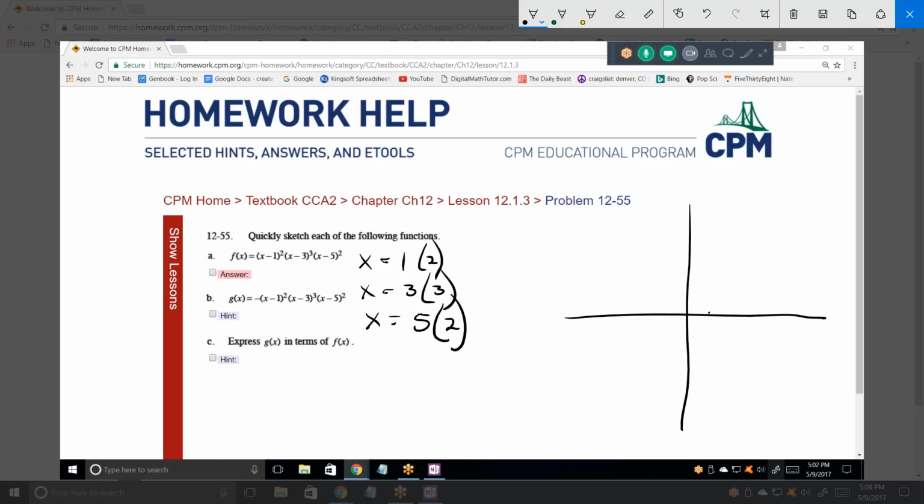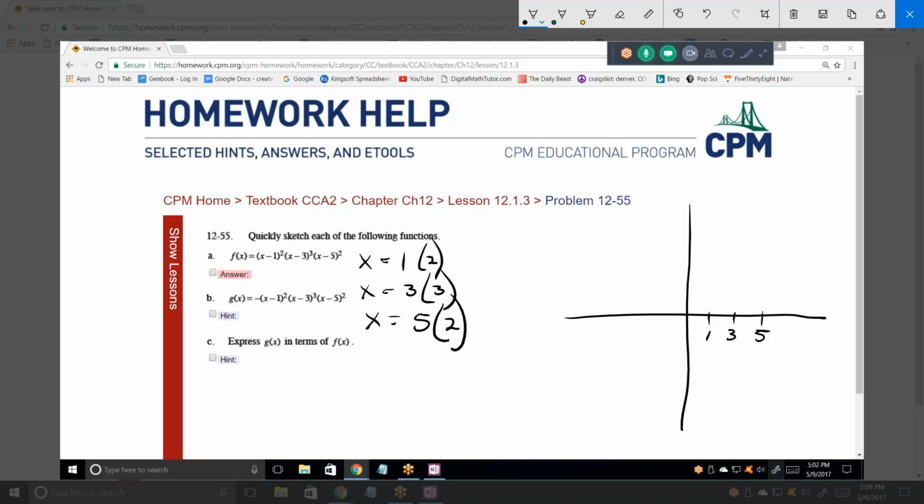So it's the same 3 points. 1, 3, and 5. This time, rather than drawing two curves, let's talk about end behavior first, because we know what we're going to do when we reach each of these zeros. We're going to bounce off the one at 1, go through the one at 3, and bounce off the one at 5.